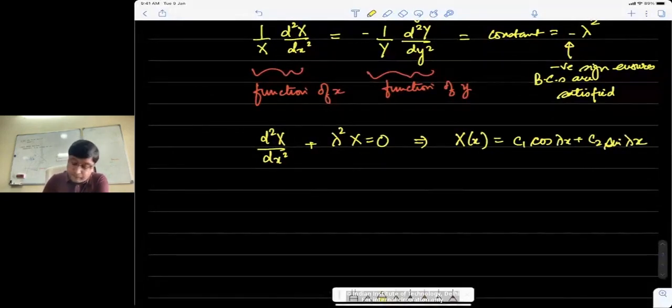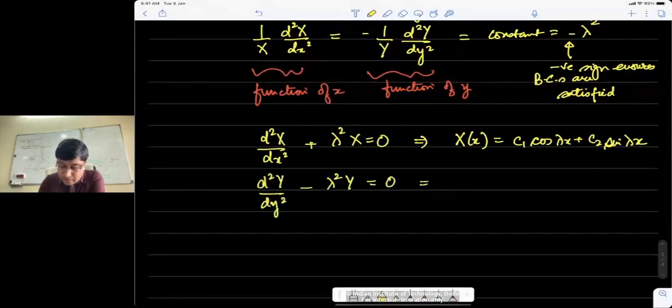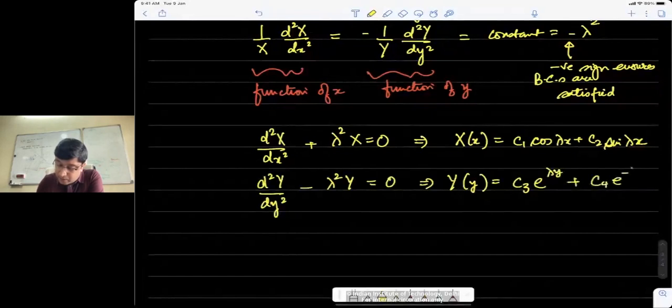The second equation we have is d2Y dy square minus lambda square Y equal to 0, which means Y of y, this is the same as the fin equation, would be some c3 e to the power lambda y plus c4 e to the power minus lambda y.